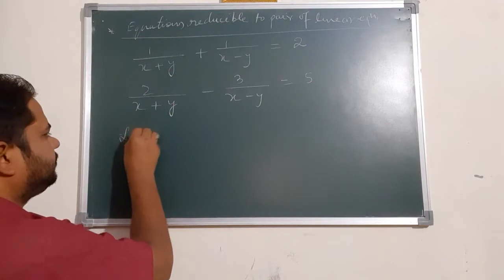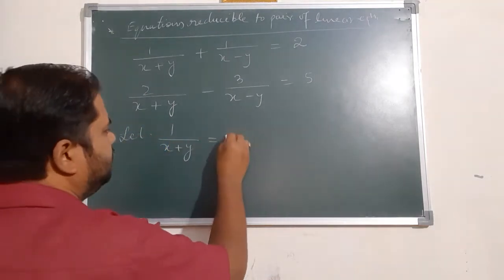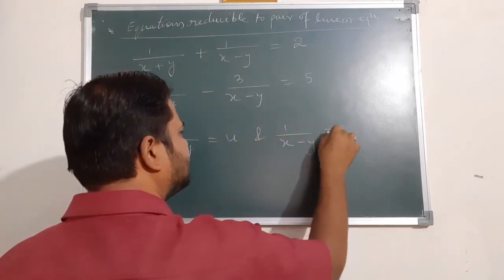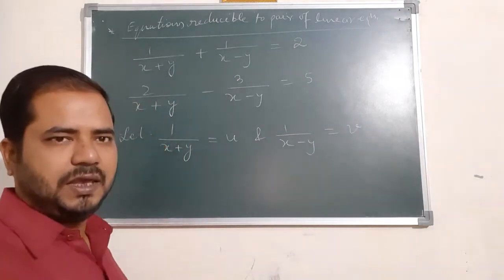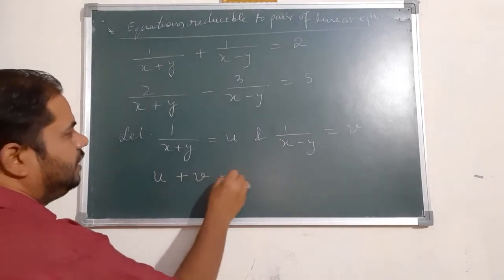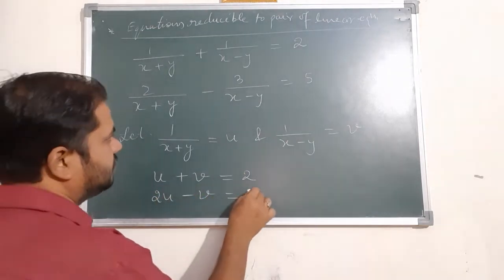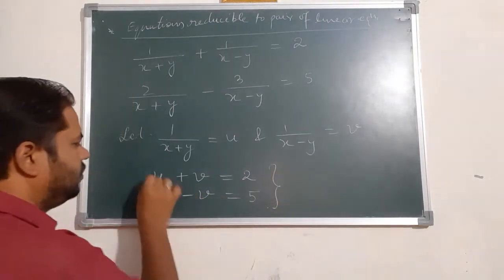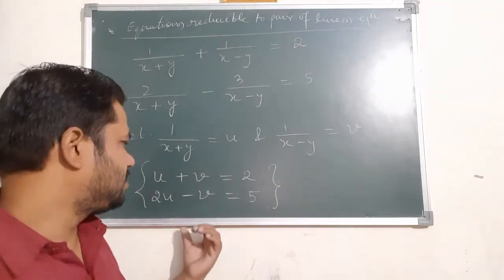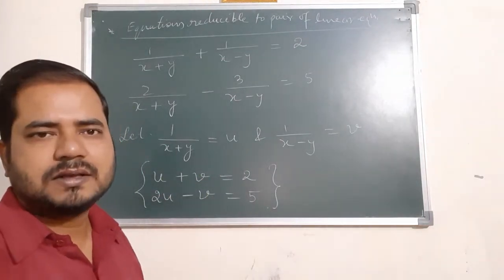Let 1 upon x plus y be u, and 1 upon x minus y be v. Then the above equations reduce to u plus v is equal to 2 and 2u minus v is equal to 5. Now you are able to solve for u and v, and afterwards you replace the values of u and v to get the values of x and y.